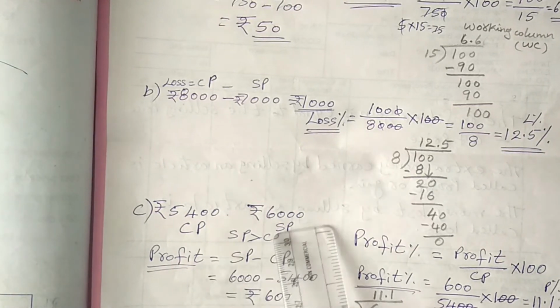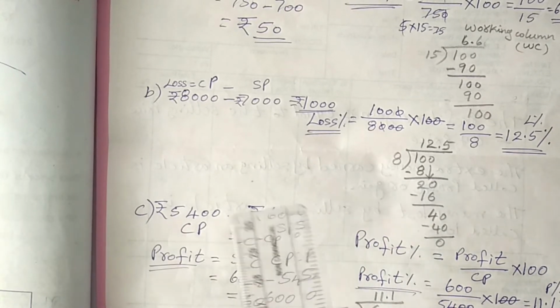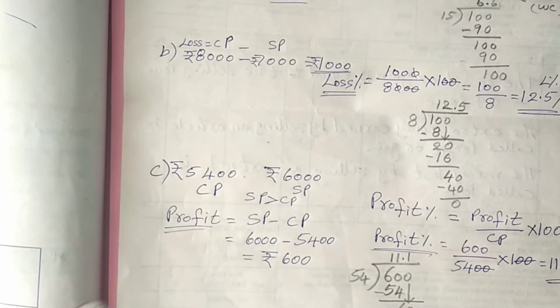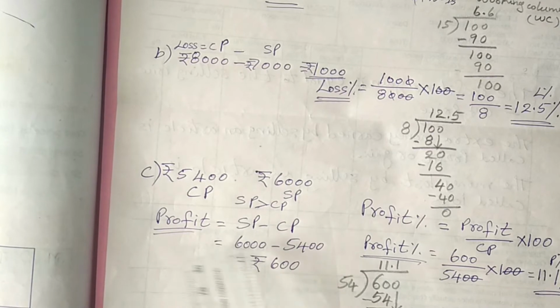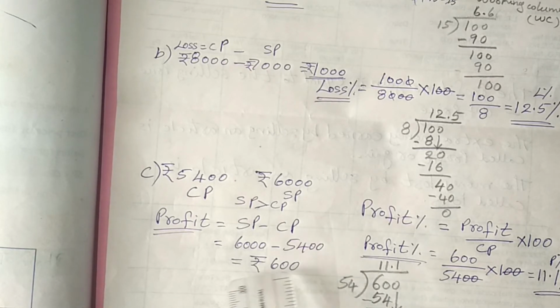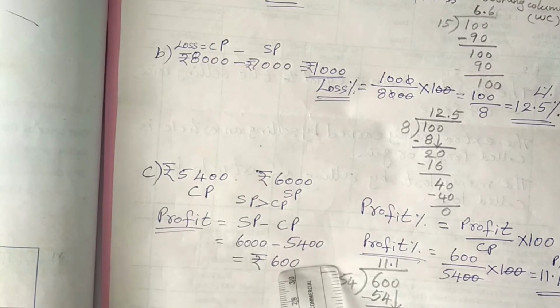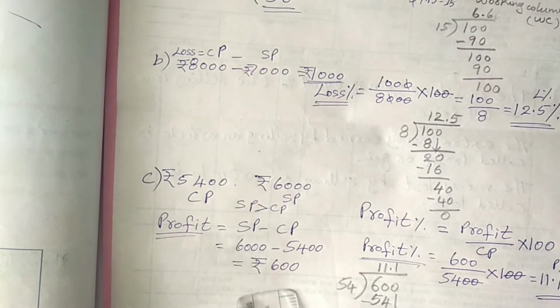See here. If selling price is more than the cost price, then this is profit. So we have to subtract cost price from selling price. Selling price is how much here? 6,000. 6,000 minus 5,400, the profit is 600 rupees.